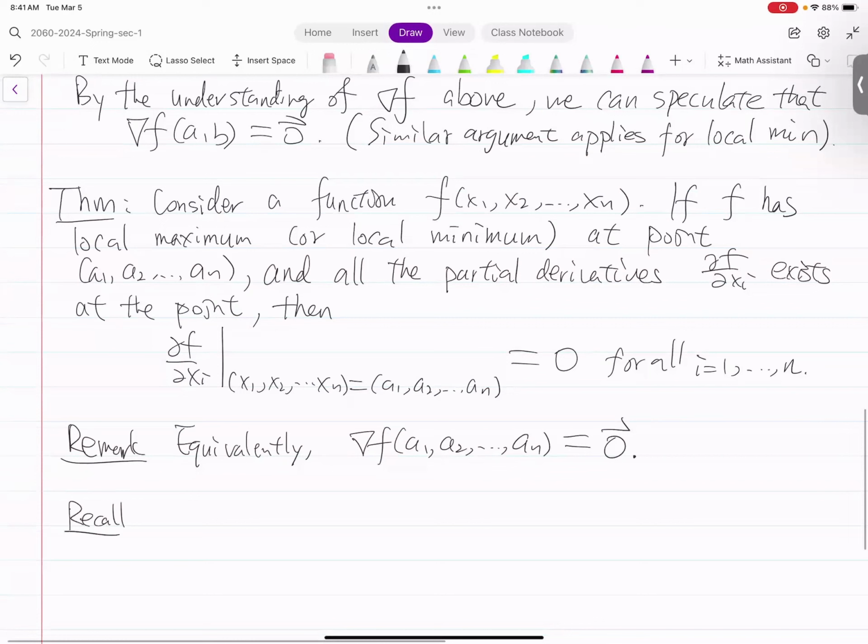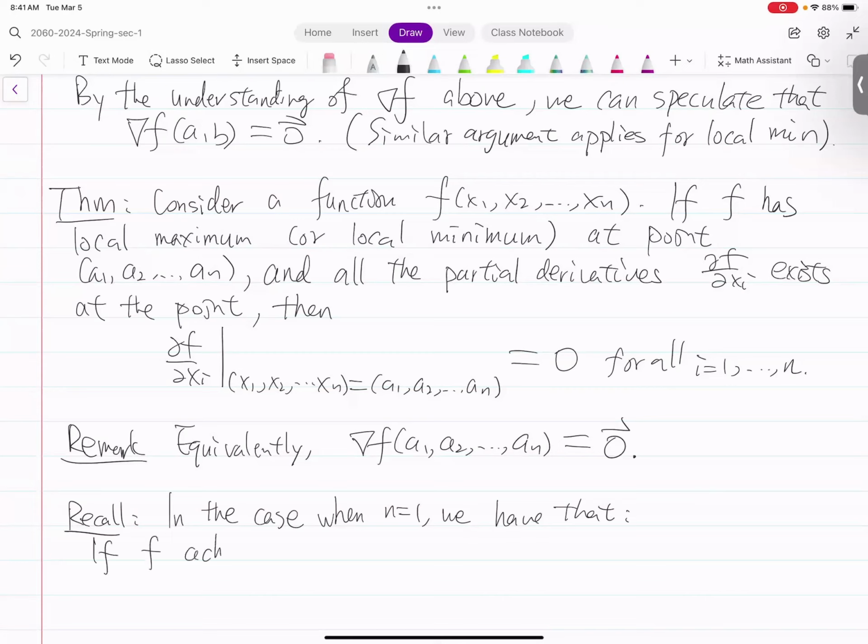Recall, in the case when n equals 1, we have that if f achieves a local max or min at x equals a, then we have to have f prime of a equals 0.